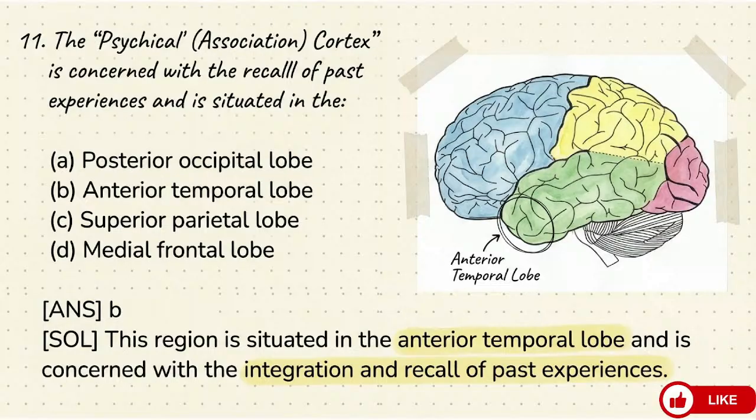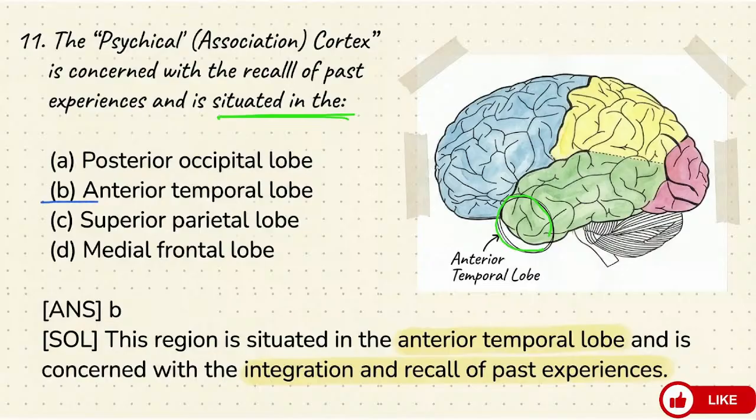It is very important. The psychic or association cortex is concerned with recall of past experiences and is situated in: the posterior occipital lobe, anterotemporal lobe, superior parietal lobe, or medial frontal lobe. The options are very confusing, so be careful.